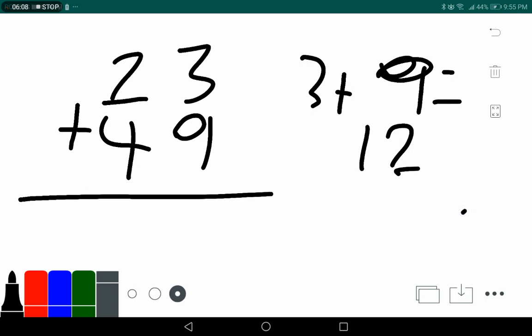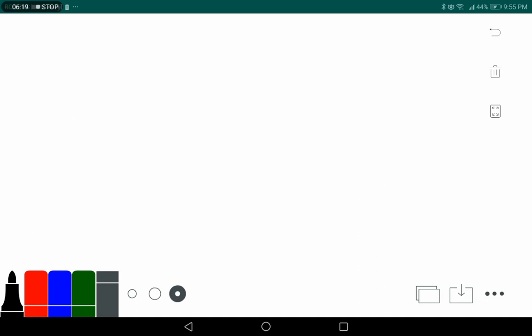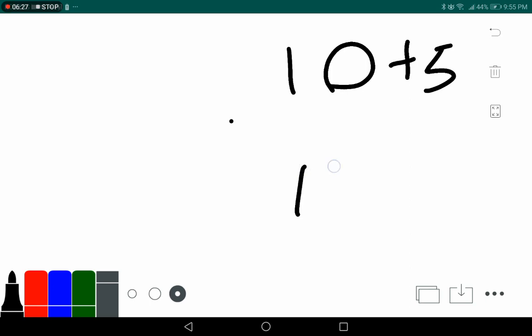So you'll always decrease this number and add a 1, or just 3 plus 10 equals 13, and then you minus it by 1. Remember, 10 plus any number, let's say 5, you add a 1 to it.